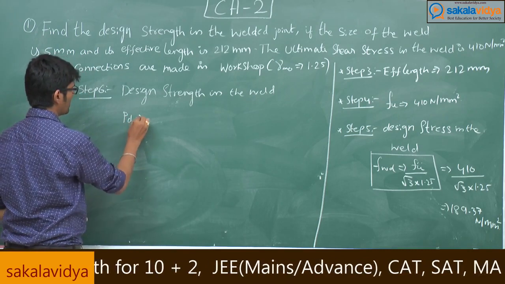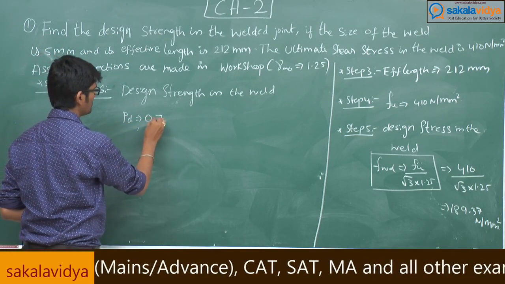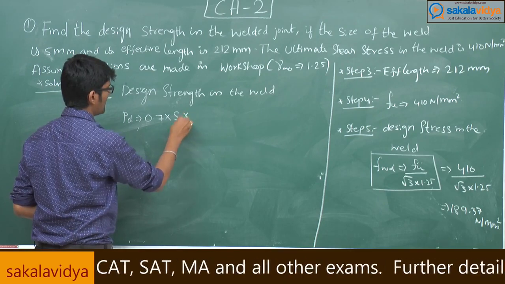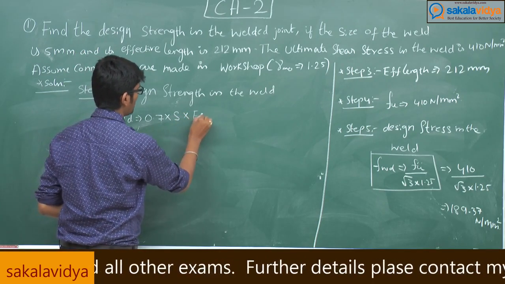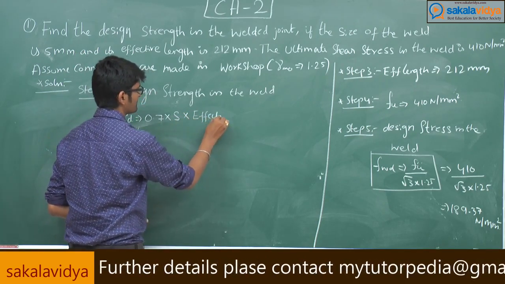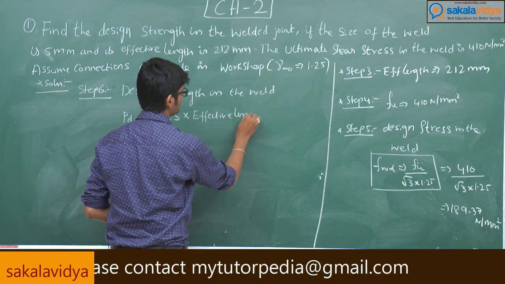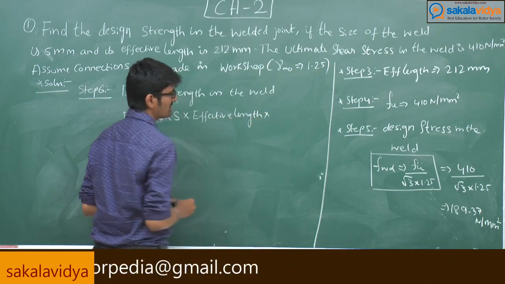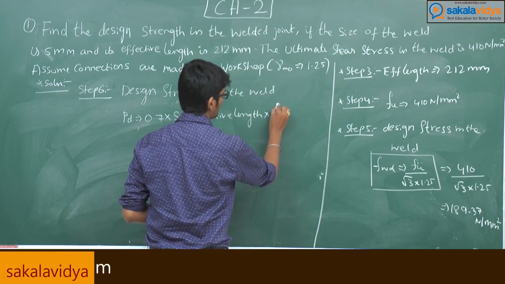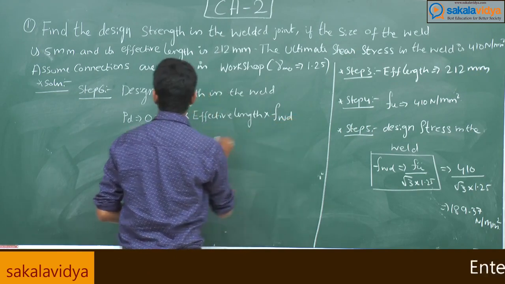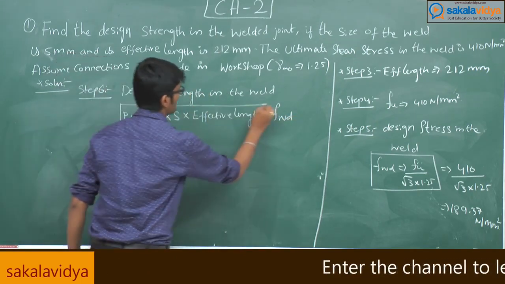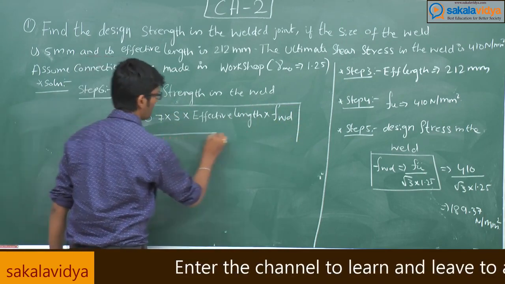P suffix D is equal to 0.7 into size of the weld into effective length into design stress in the weld, that is FWD. So this is a formula to find design strength in the weld.